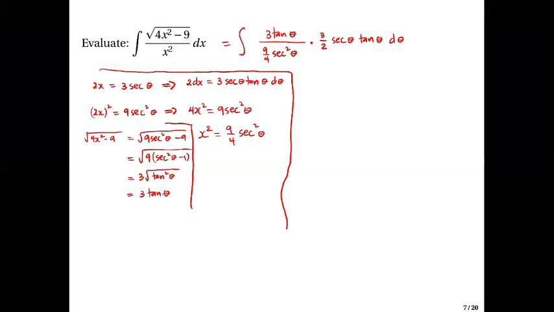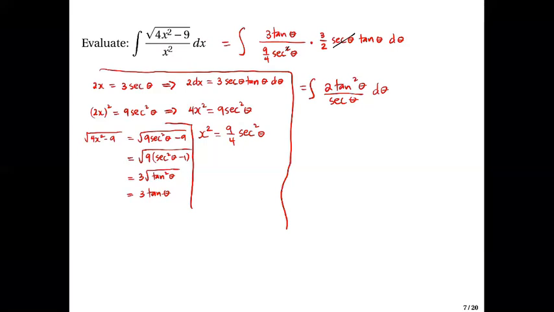So if we simplify everything here, we'll end up with 2 tangent squared theta divided by secant theta d theta. So this guy here will cancel one of the secant theta.